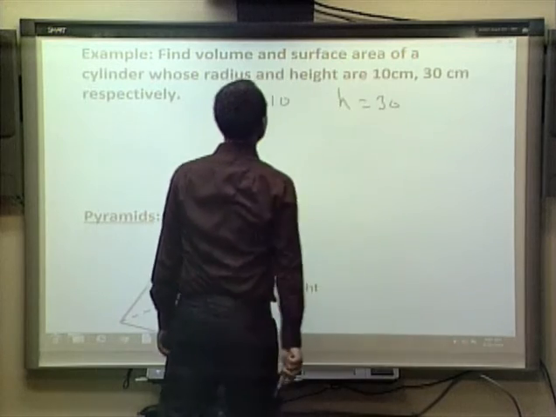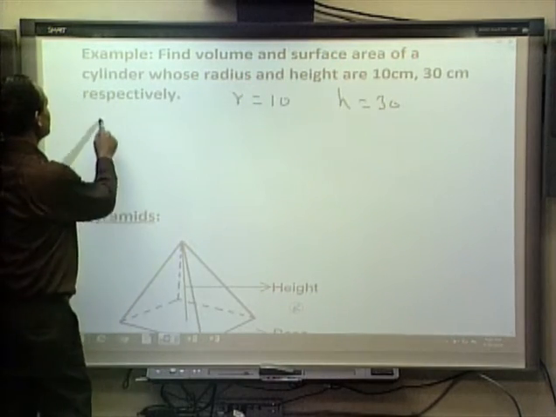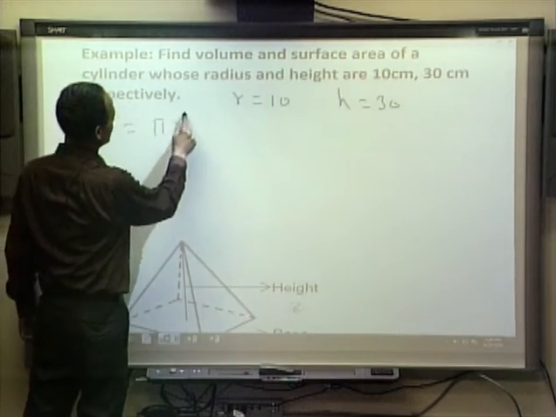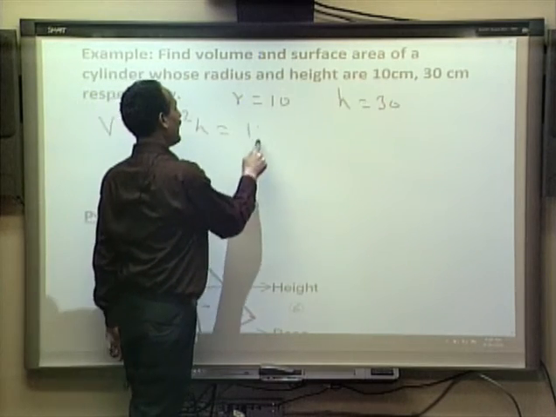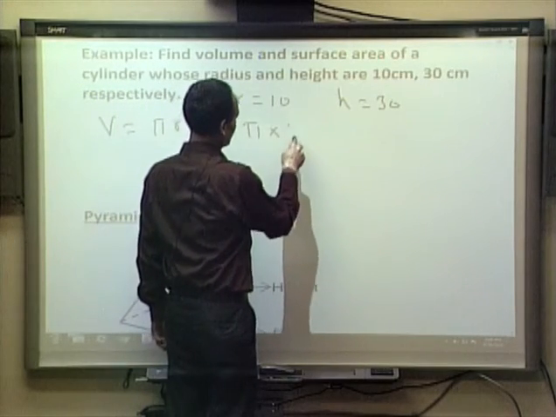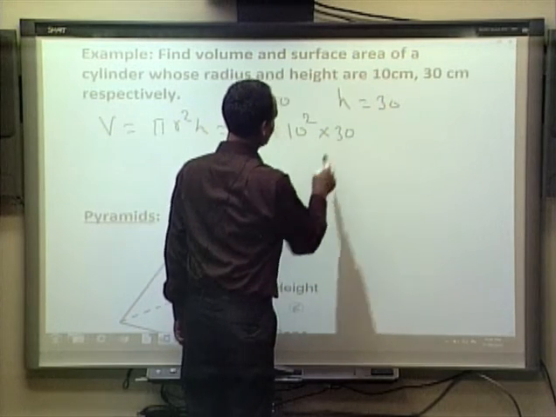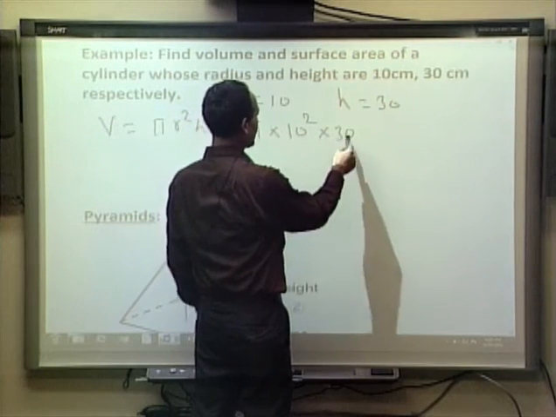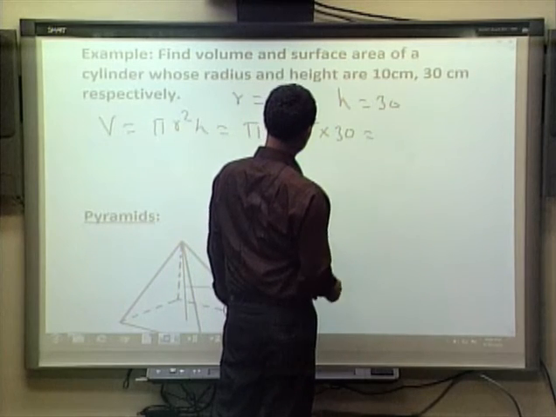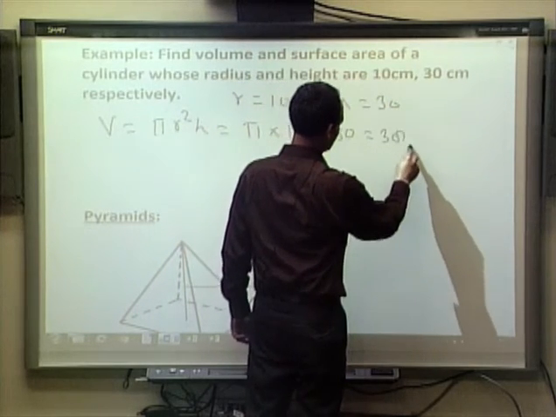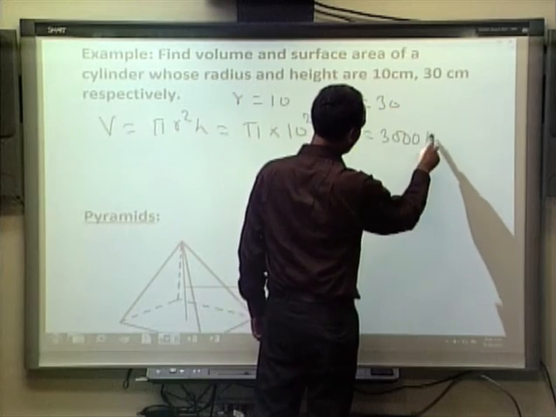We want to find the volume. Volume is pi r square h. r is 10, 10 square is 100, times 30 is 3000, so 3000 pi.